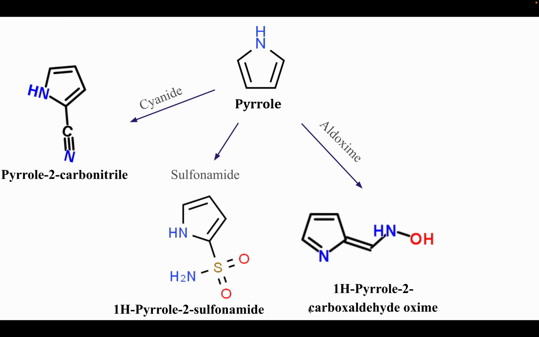For aldoxime, as you know, it is a combination of the aldehydic carbonyl carbon, and then there is a nitrogen involved, right? So you will write the name as carboxaldehyde oxime. Carboxaldehyde oxime.